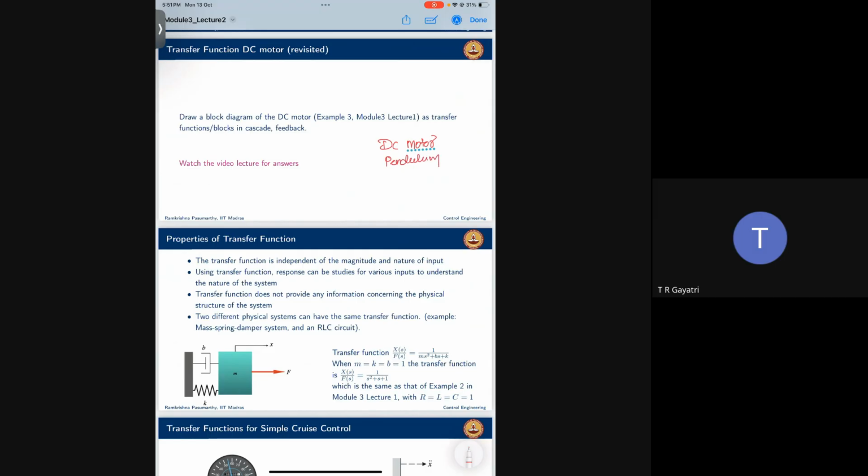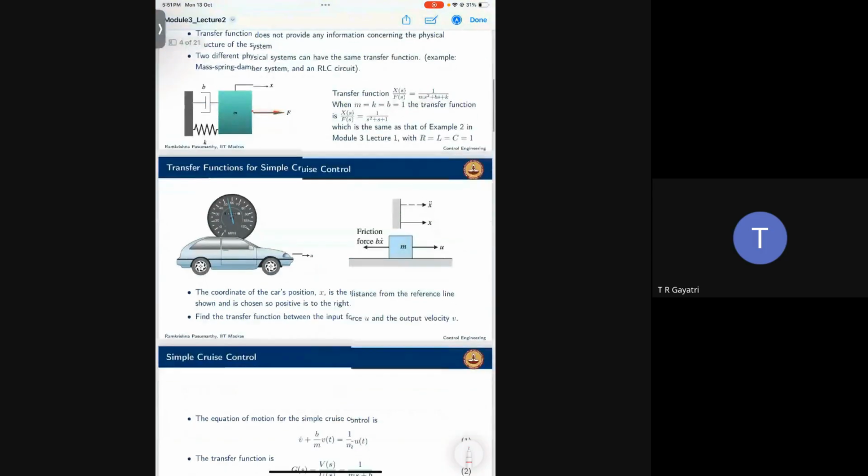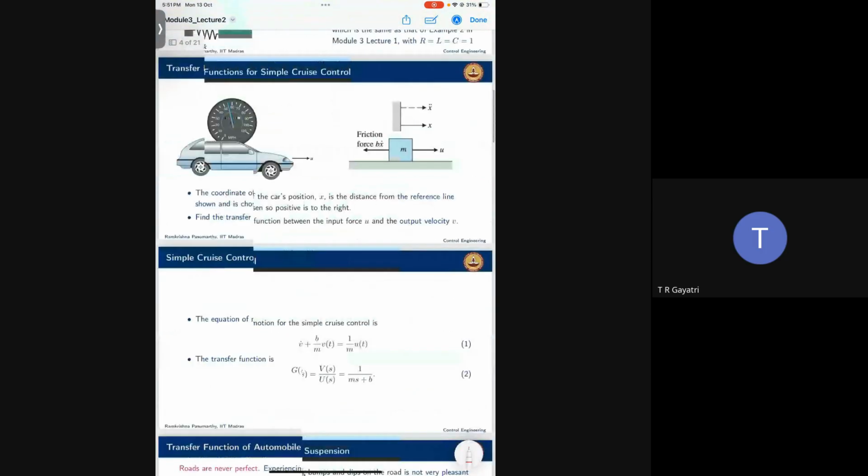These are some classic examples. Cruise control. By doing this practice, you would get to know how the system behaves with respect to the order. For example, this DC motor would be a second order system. This pendulum can be first order or second order based on the friction you are considering. Cruise control can be a second order system. So, based on this, you will identify.